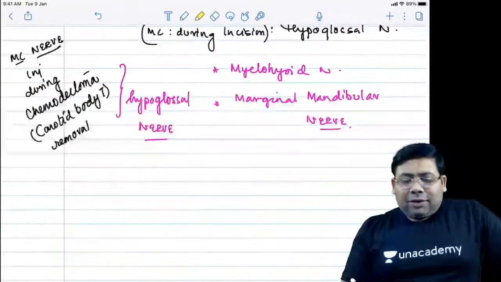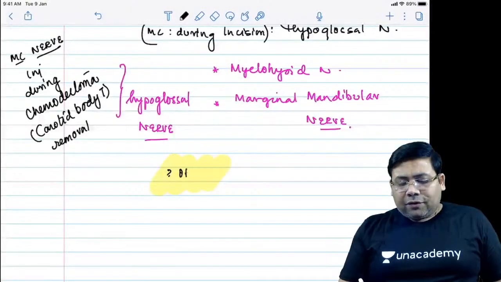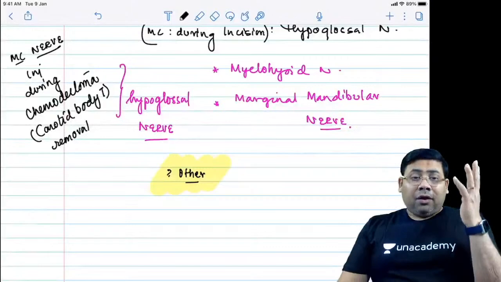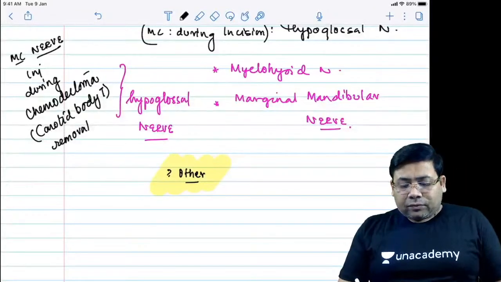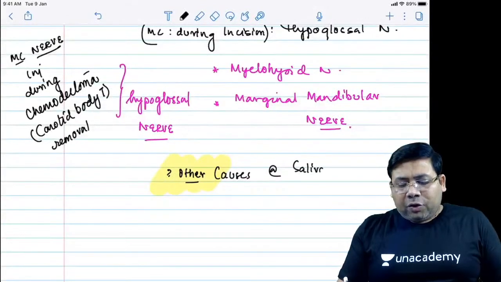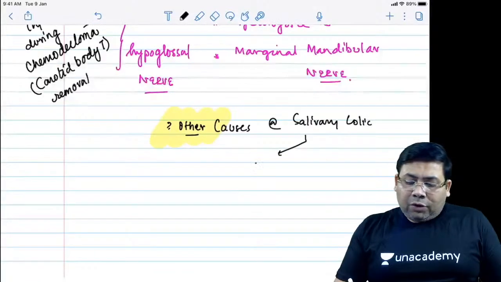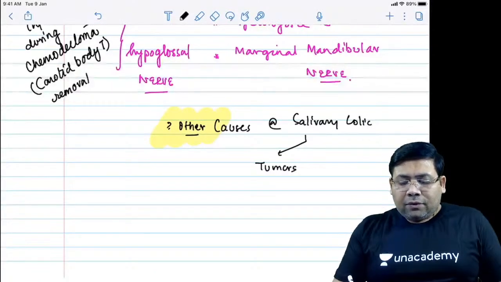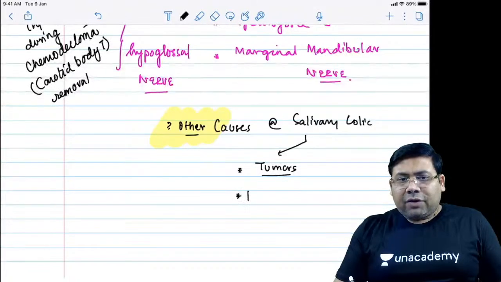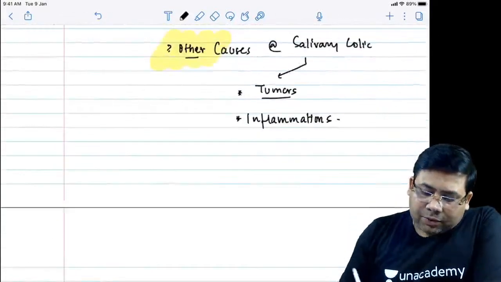Now, what could be the other causes of salivary colic? It could be tumors, or it could be inflammations. But just tell me, what is a Kuttner's tumor?